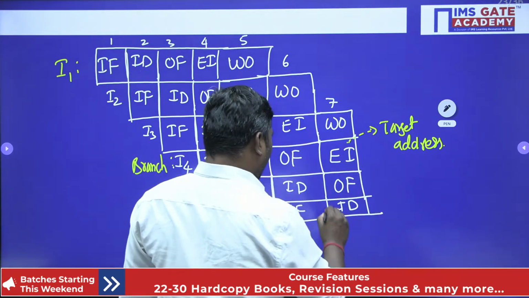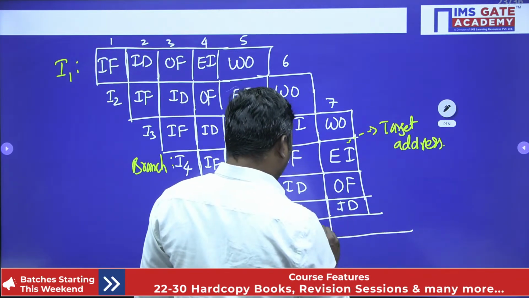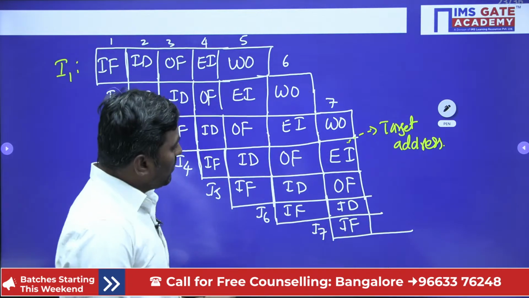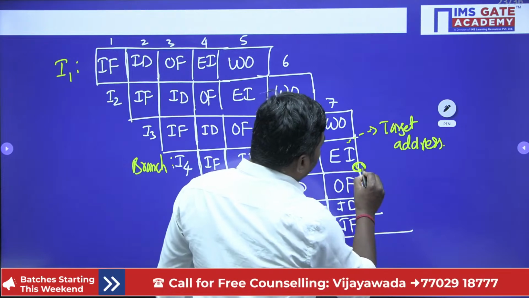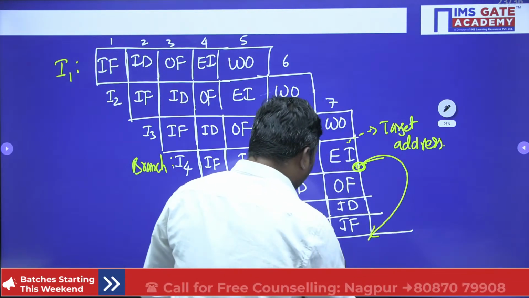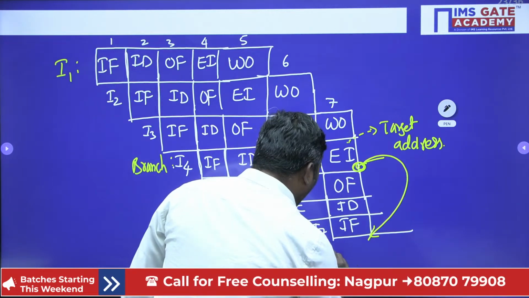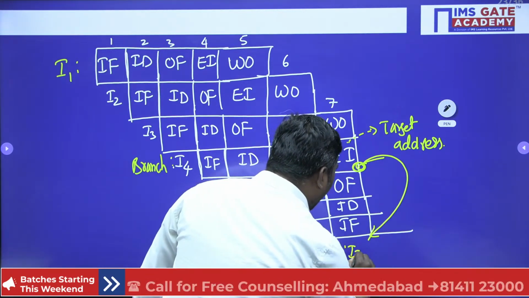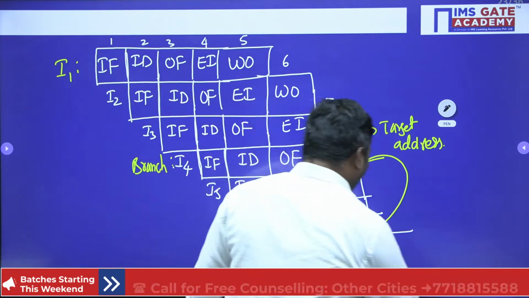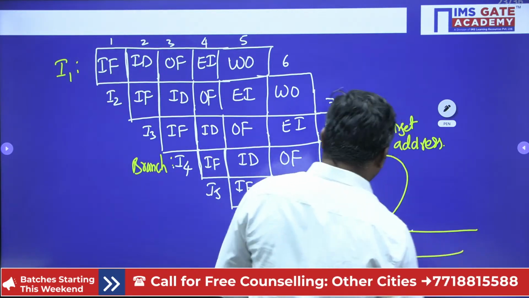Now here, I7 instruction fetch also happens. So at the end of this clock, please observe, we got the target address, jumping to where it is going to fetch the target instruction. What is the target instruction? Is it not I9? Instruction I9 is going to be fetched here.